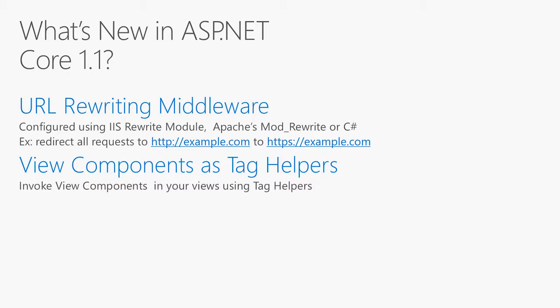Another feature is view components as tag helpers. You might be familiar with partial views, which are useful when you have reusable parts of web pages you're using across multiple views, like menus. In situations where you're rendering small pieces of content like shopping carts or dynamic menus, you might use view components.